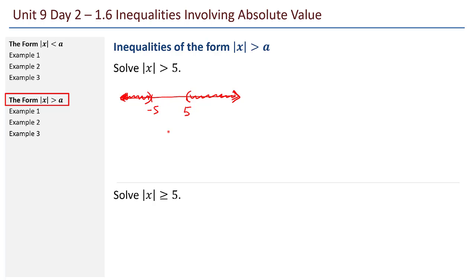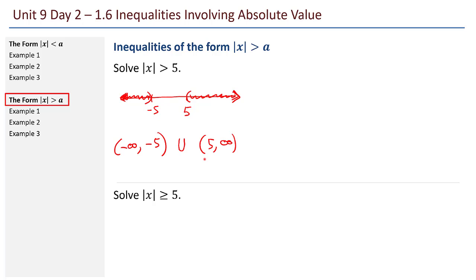We might write this as two intervals, -infinity up to -5, and 5 up to positive infinity. And here's the key. I'm going to put the union symbol. It kind of looks like a capital U. It's not quite a capital U, but it's the union symbol that means or, and it means one set or the other.